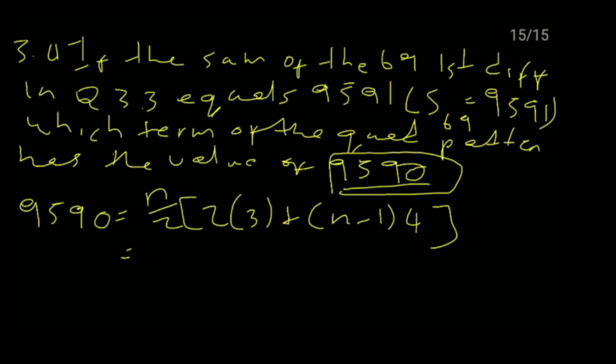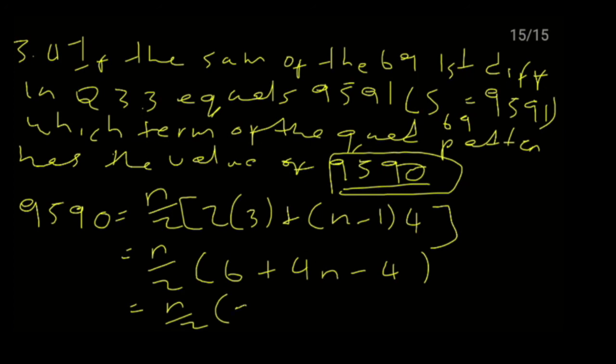And then we can simply say n over 2 times 6 plus 4n minus 4, which will be n over 2 into 2 plus 4n, right?